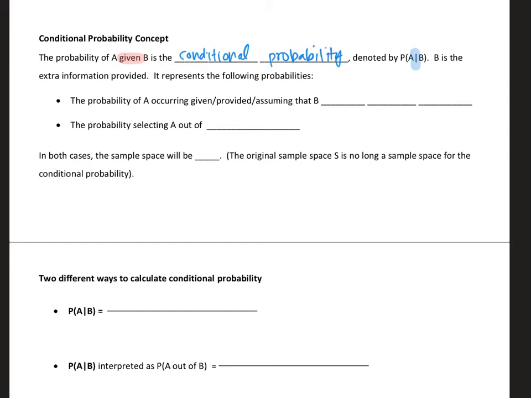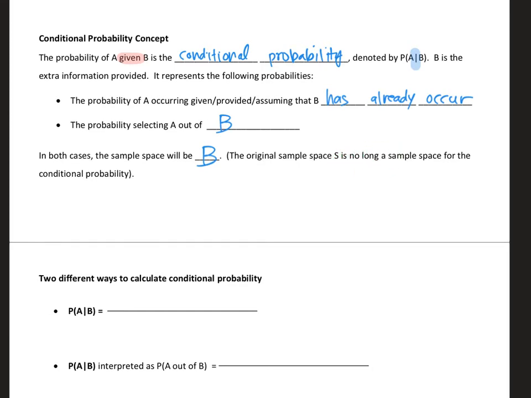It's called conditional probability. There are two possible ways you can interpret this. They're kind of the same, but it's the probability of A occurring given, or assuming, that B has already occurred. Another interpretation is the probability of selecting A out of B. So in both cases, the sample space will be B. The original sample space S is no longer the sample space, and we have the new sample space.